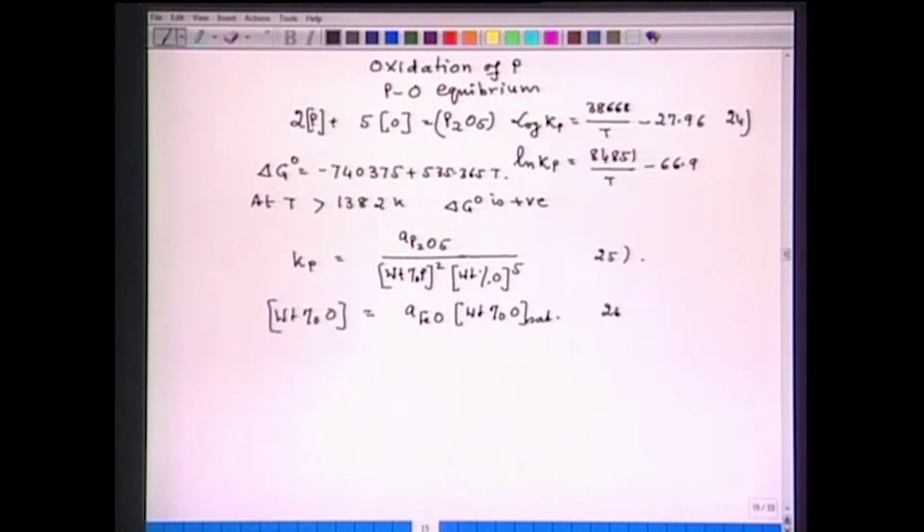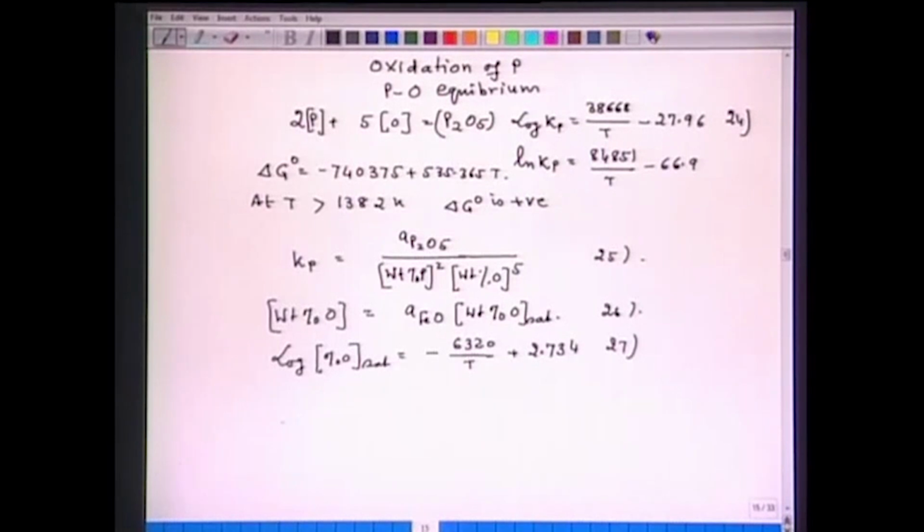Take it as 26, and in an earlier lecture we have seen log of percent O saturated is equal to minus 6320 upon T plus 2.734, that is, let us take equation number 27. So, by equations 25 and 26, we can replace weight percent oxygen in equation 25 by using equation number 26.